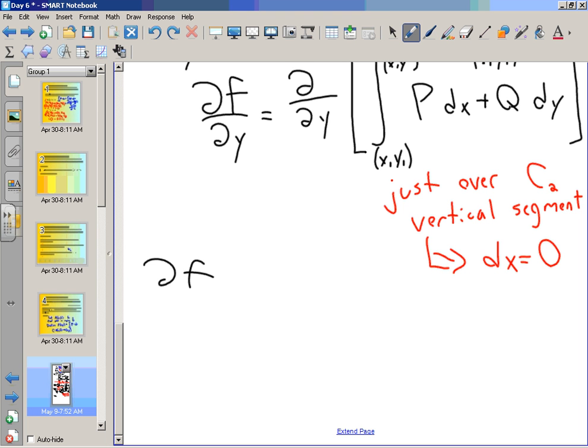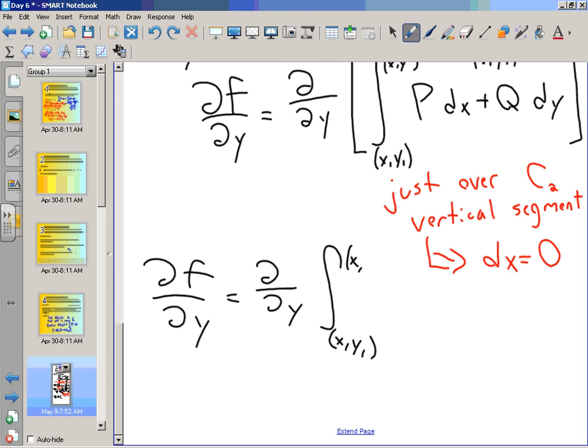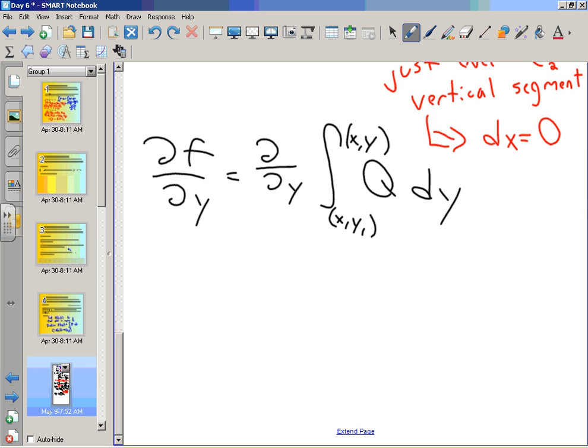And so what we end up having is df/dy equals the derivative with respect to y of the integral of q dy, and the derivative of the integral is just going to be that function here.